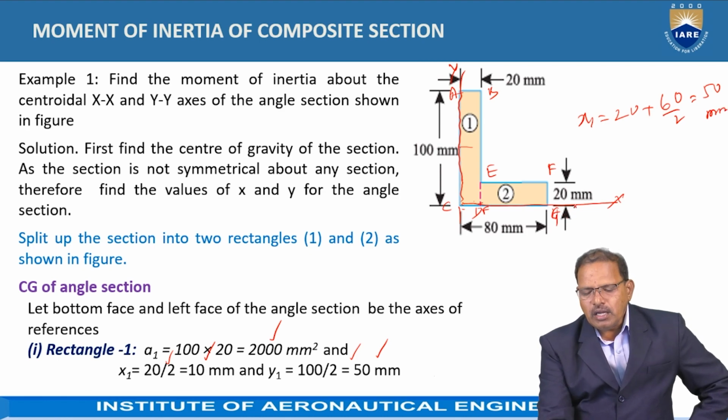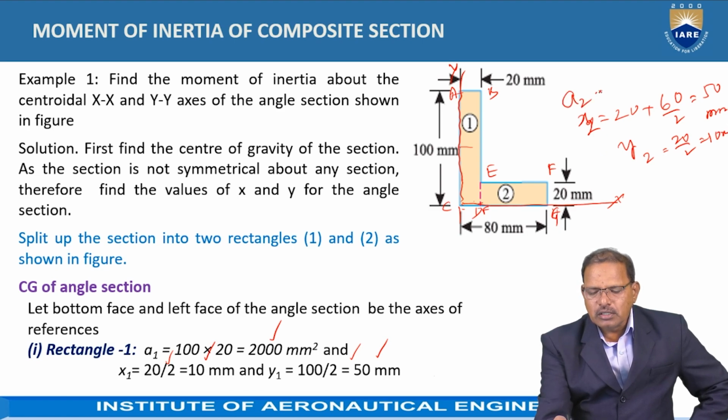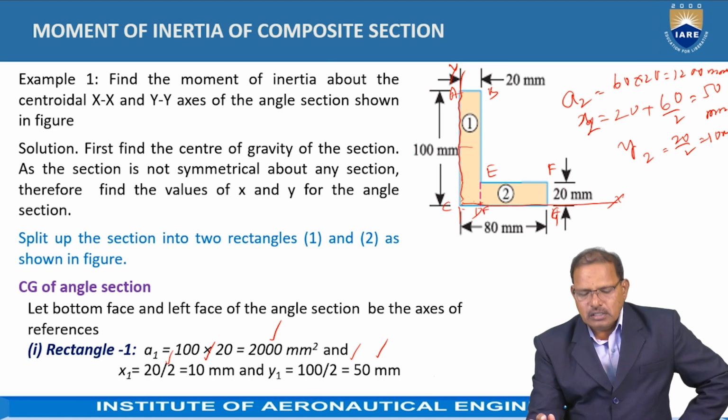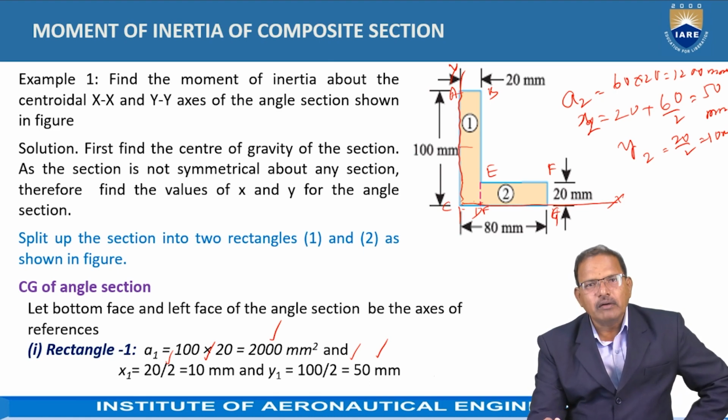Similarly, y2 is equal to 20 by 2, which is equal to 10 mm. Area A2 is equal to 60 by 20, which is equal to 1200 mm square now. Okay, these are the values for the second segment of the composite section, that is also in the form of a rectangle.